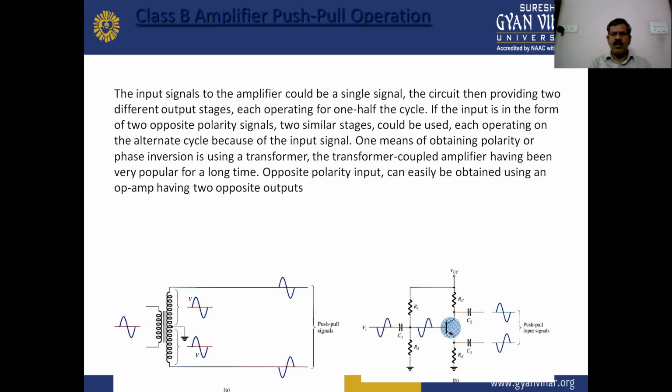One means of obtaining polarity or phase inversion is using a transformer. The transformer coupled amplifier has been very popular for a long time. Opposite polarity input can easily be obtained using an op-amp having two opposite outputs. So that is given in these circuit diagrams.